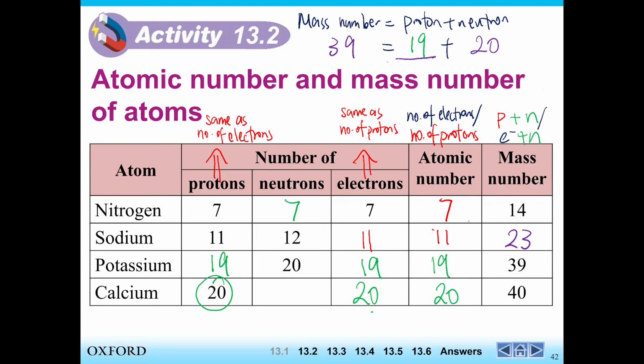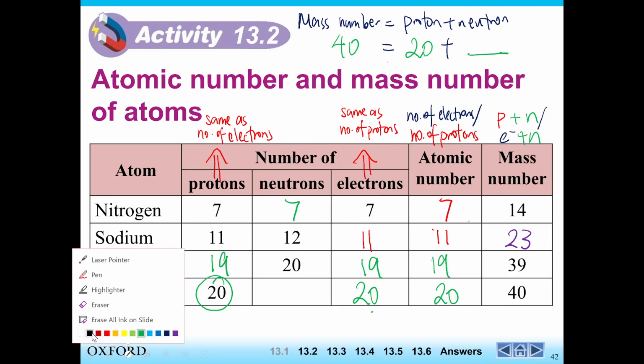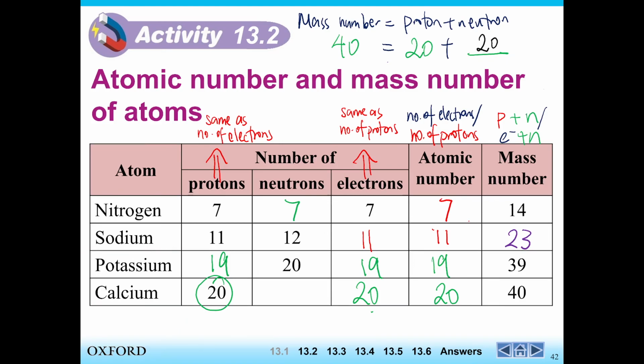And how about the mass number? We can do this question again on the top up here. The mass number is provided to us, which is 40. And we're given the proton number is 20. We're asked to find the neutron. So simple, 40 minus 20 is also 20. So here, I get the answer 20.